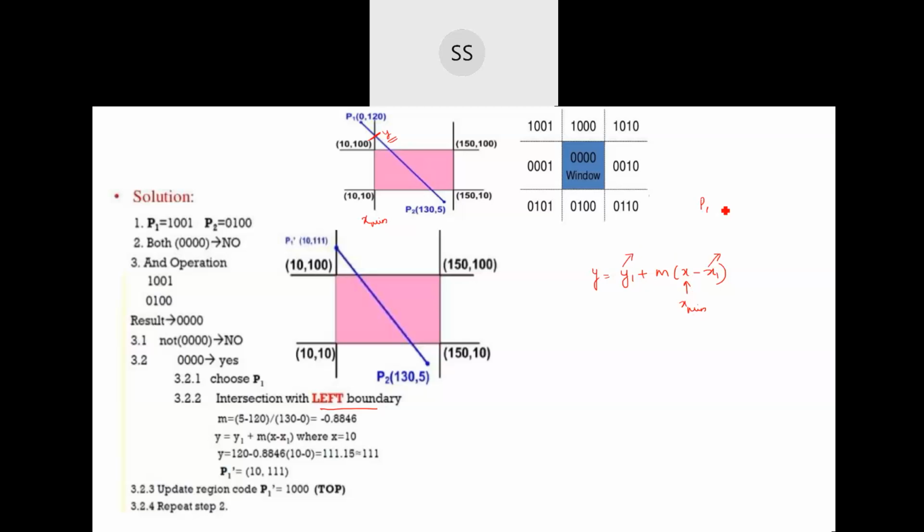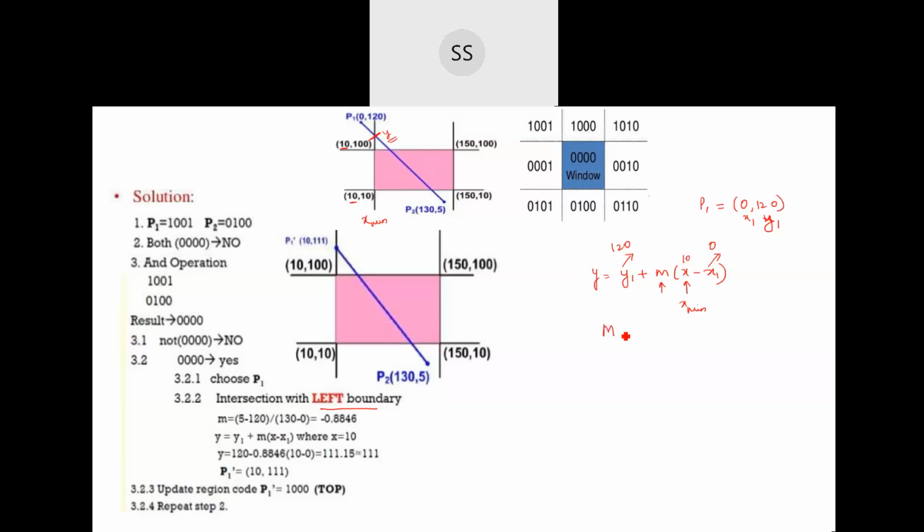What is P1? P1 is set to be 0, 120. This is your x1 and this is your y1. So in x1 we put 0 and in y1 we put 120. And we got the window value. Now we know the value of x there, that x min is set to be 10. So I'll put my 10 here. But what about the slope?